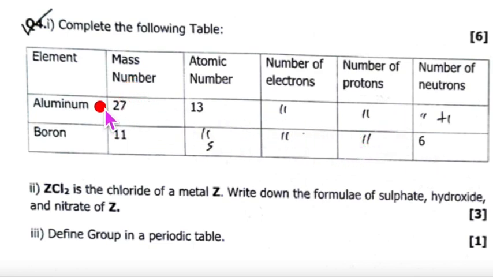So if aluminium has mass number 27, mass number means proton plus neutron. Atomic number is only the proton. So the number of electrons will be the same as protons. They will be 13 here. Number of protons will be the same as atomic number. That will be 13 here.